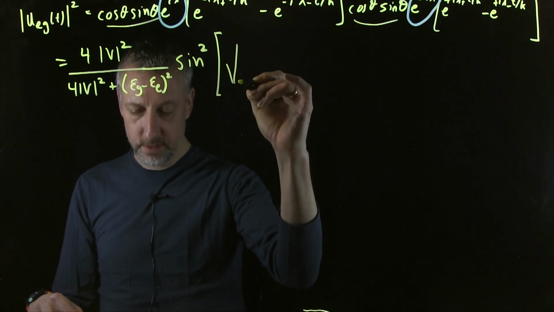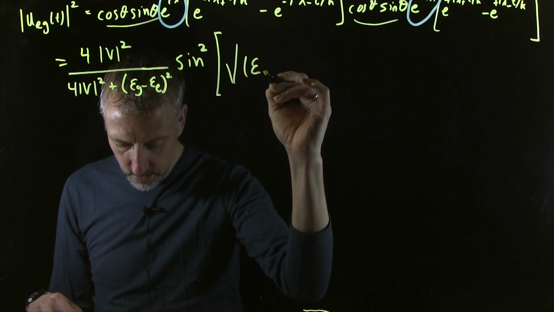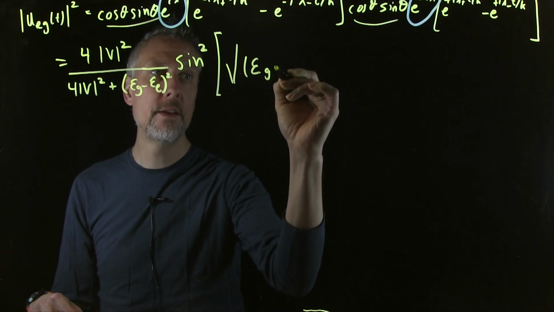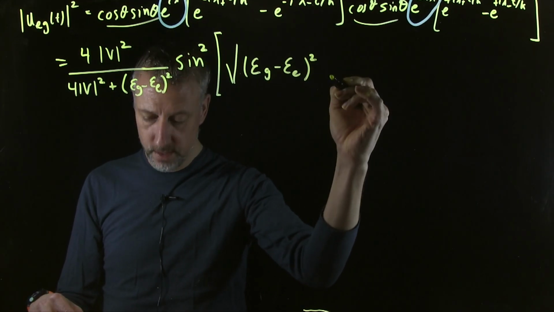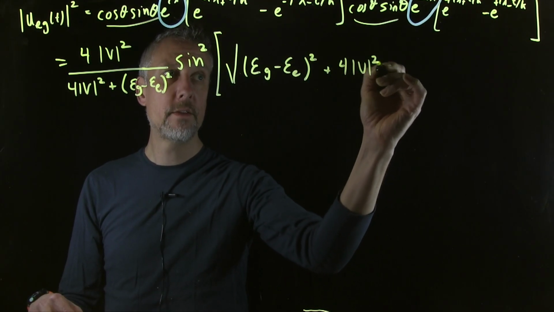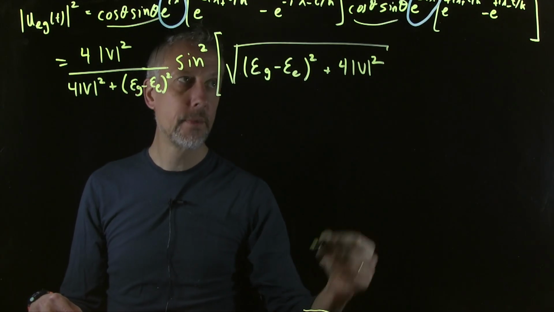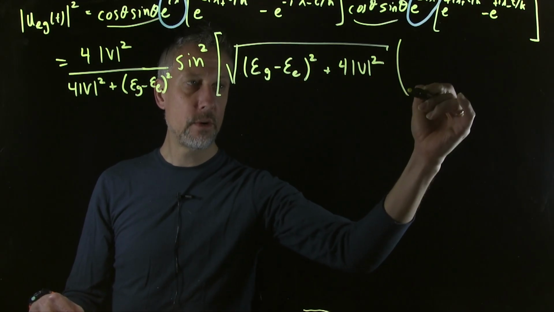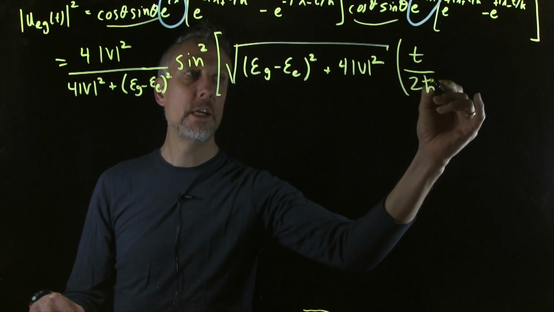The square root of epsilon g minus epsilon e, that's squared, so it doesn't matter there either, plus 4 v squared. We'll recognize this from the eigenvalues. And this outside the square root times all of this, you have t over 2 h bar.